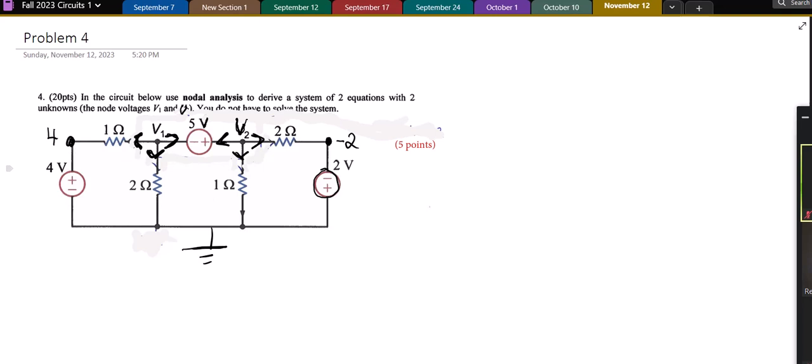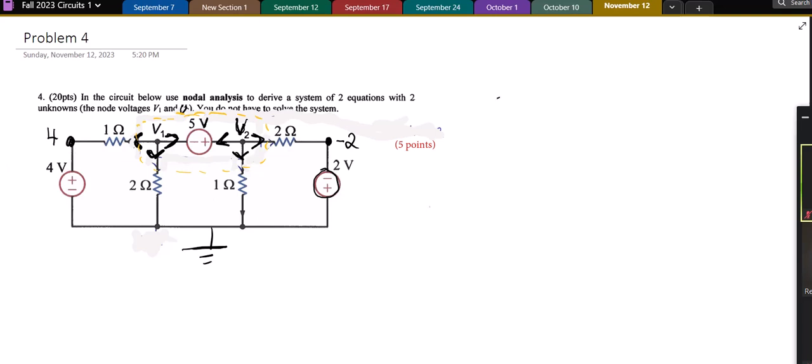When we see that, that lets us know that we can treat this as a supernode. What that means is we're going to write all of the currents coming out of both of them in one equation, and then we'll write another equation showing the relationship between V1 and V2. As a matter of fact, let's write that equation first.